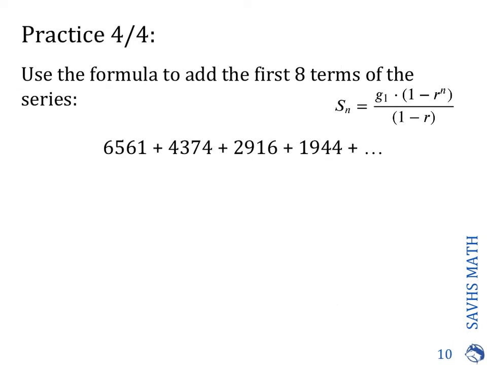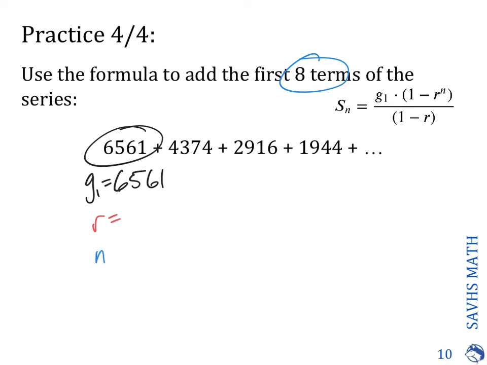Okay, one more for you to try without me first. And here I go. Okay, so G1 is our first term, and it's 6561. R, we're going to have to figure out. N, we know is 8. Okay, so what's R?